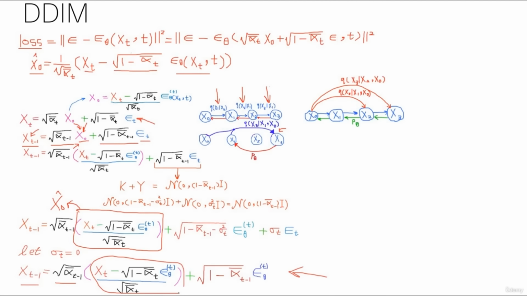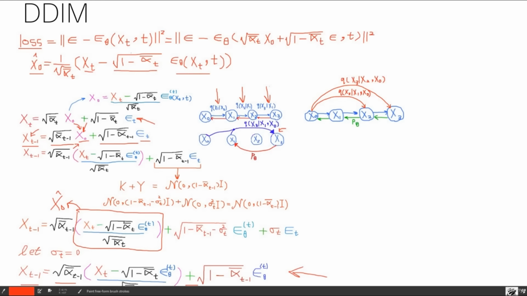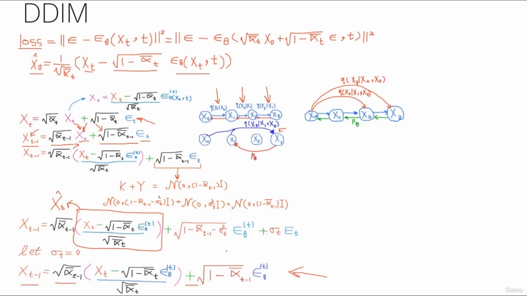So now we can find the value of the predicted x0 just by knowing the value of the xt variable and the predicted noise at time step t, plus this thing here, which is the square root of 1 minus alpha bar t minus 1 times the predicted epsilon.